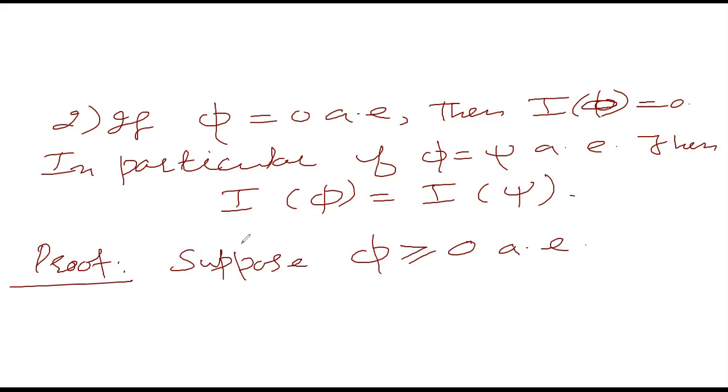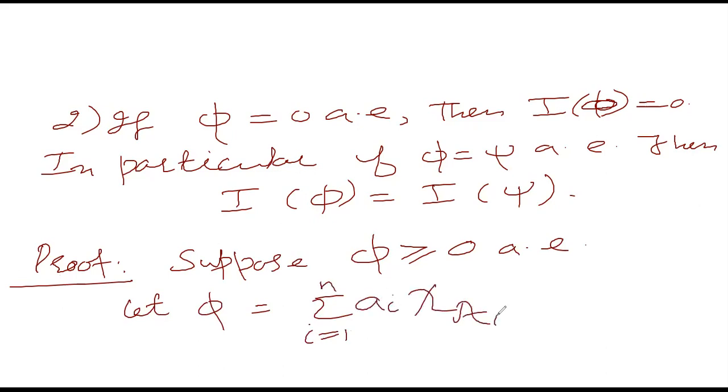Let's take phi as a standard representation: phi equals summation i runs from 1 to n ai times the characteristic function of Ai. So these a1, a2 up to an are the non-zero values assumed by phi. Since phi is greater or equal to 0 almost everywhere, it may take negative values as well.